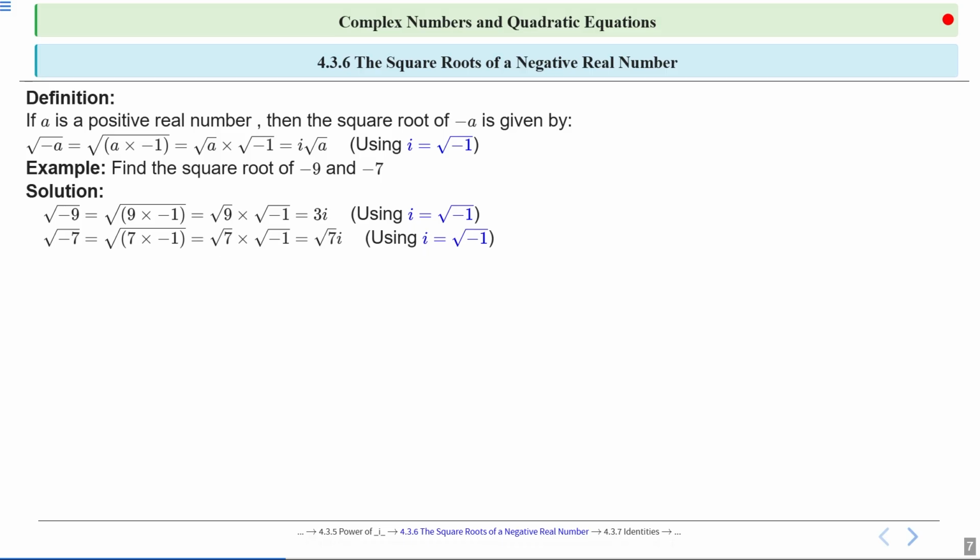Next, square root of minus 7 equals square root of 7 times minus 1, equals square root of 7 times square root of minus 1, and this is equal to square root of 7 times iota. Using here iota equals square root of minus 1.